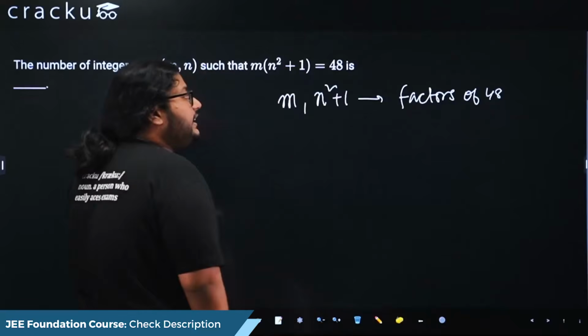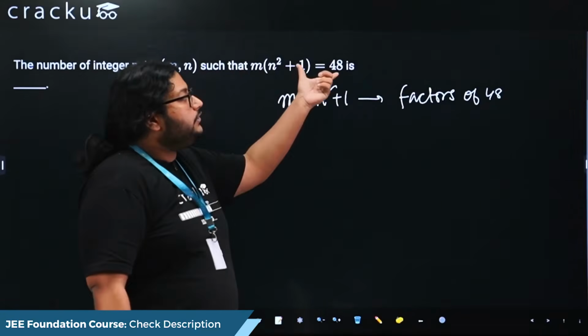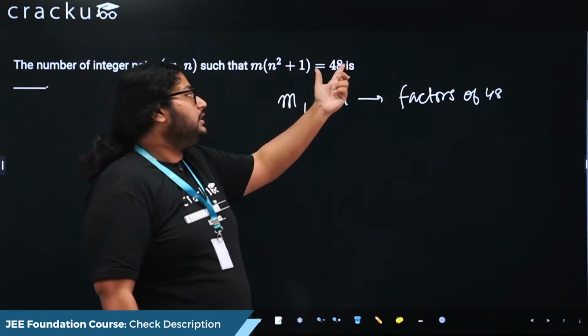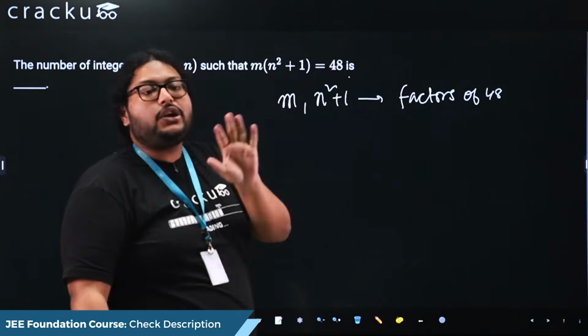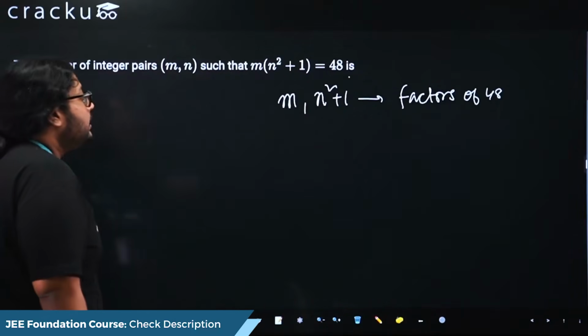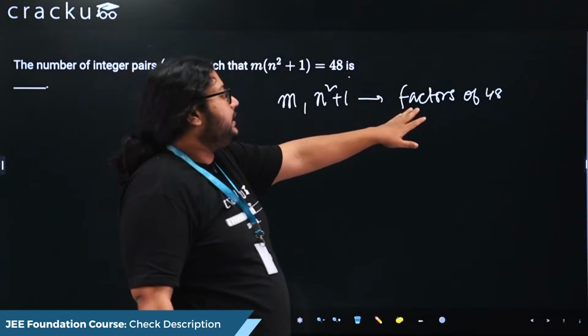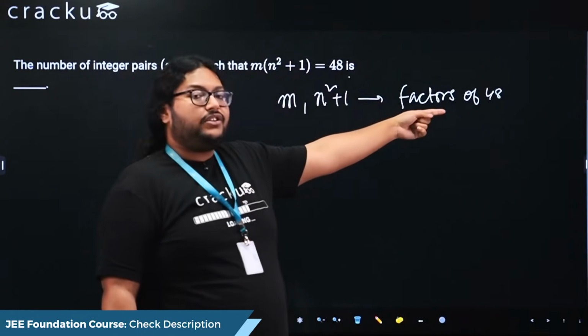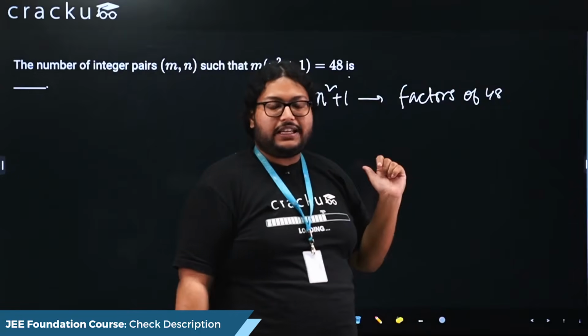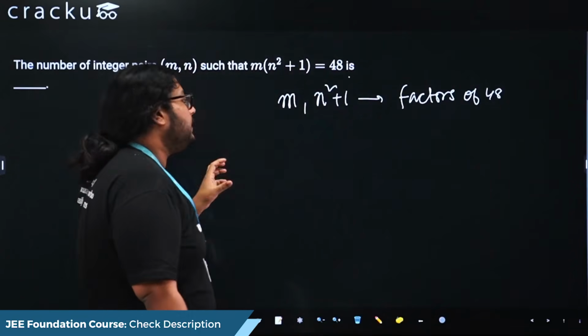If they are not factors, then the product of two numbers giving me a third number, both those numbers have to be factors, considering that they are integers. If they're not integers, then that is not true. So m being a factor of 48 is a very easy thing. n square plus 1 being a factor of 48 is a little challenging, and that is where we need to do the evaluation.